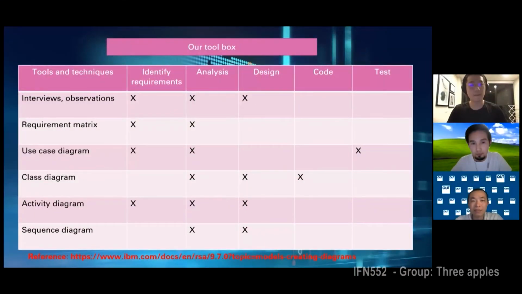That one is our second part, interviews and observations. They are a significant part of the whole system because they help us learn what the stakeholders need, what they want, and what problems they face, and it's helpful in deciding what we do for our system. The requirement matrix is also based on the information from interviews and observations, and it's very helpful for the analysis of the interview data.